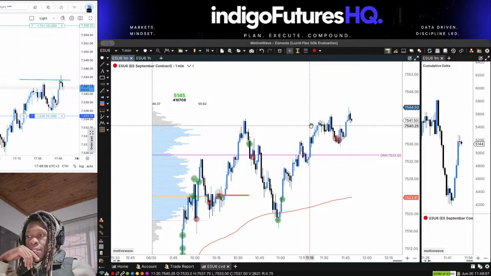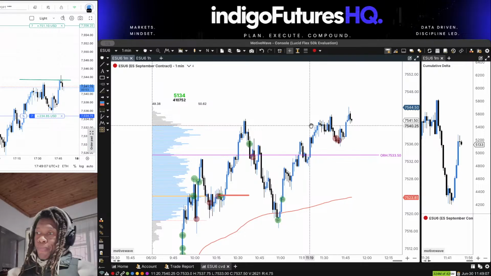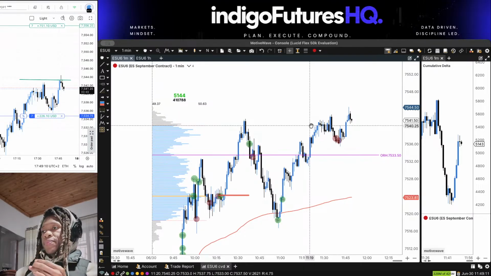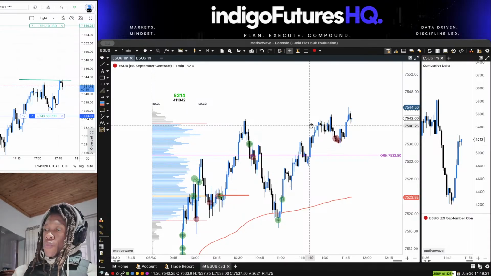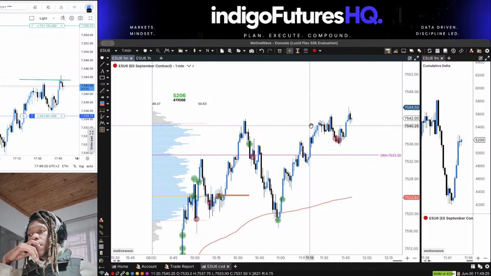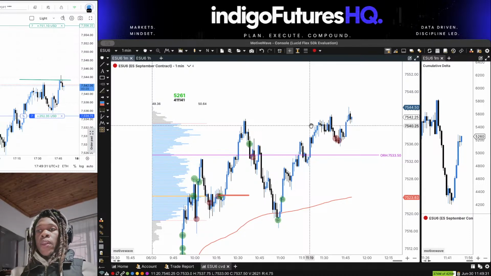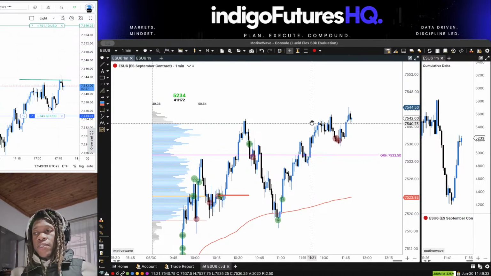Oh, here's the retest. Well, value area high has shifted higher. 540.75 now.